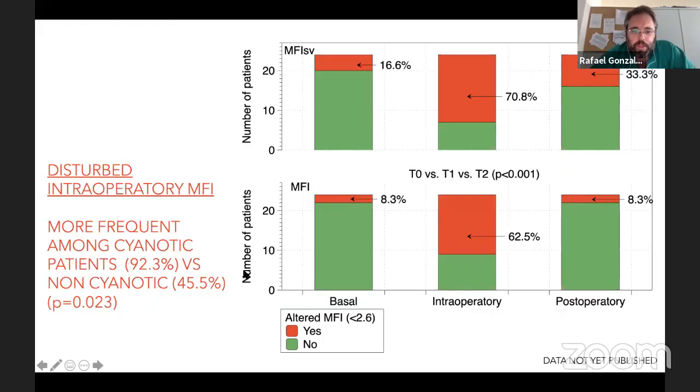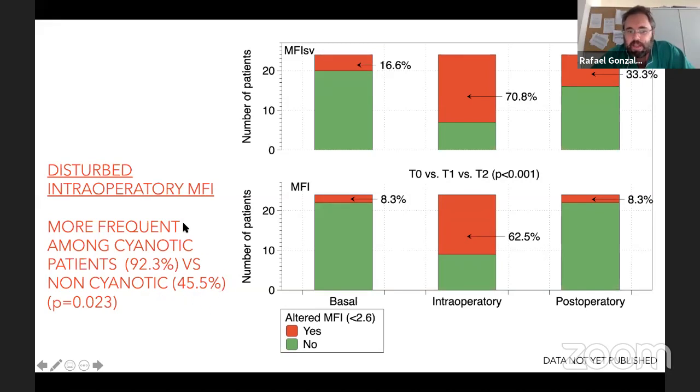We used the microvascular flow index to determine which patients have altered flow in the microcirculation, and we saw that during the intraoperative period, most patients have an altered microcirculatory flow, and this was more frequent among cyanotic patients, in whom it appeared in almost all of them, compared to non-cyanotic patients.